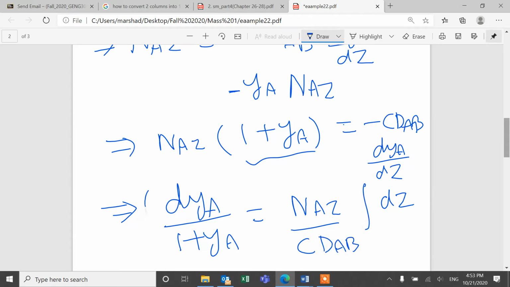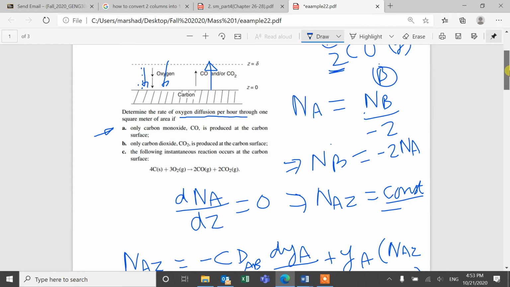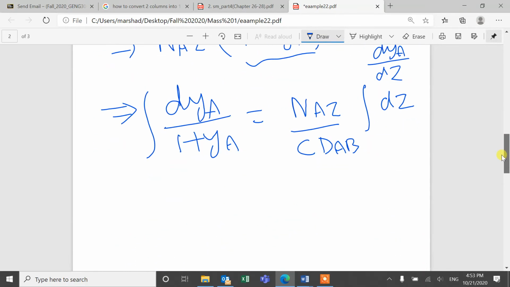So we integrate from where to where? We integrate from 0 to delta, the limits of integration for z, and from yA1 at the surface to yA2.